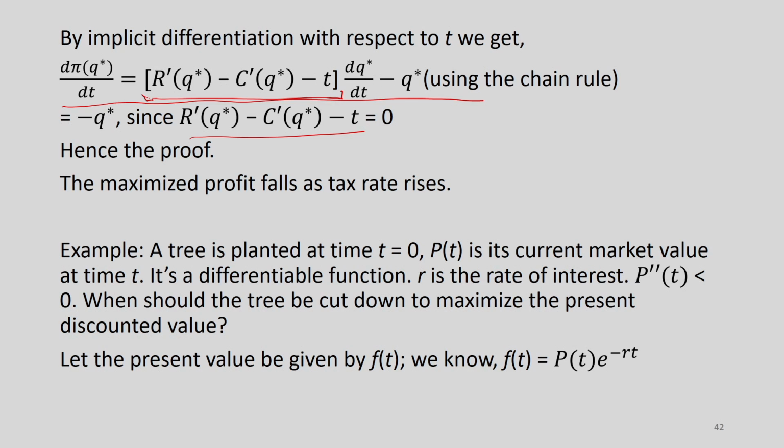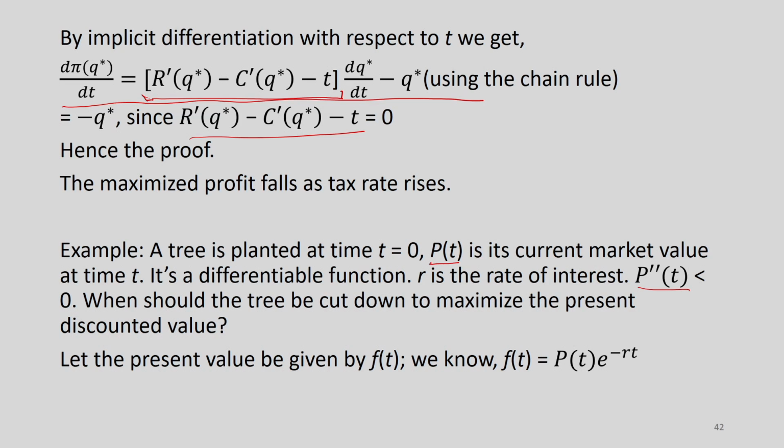It is a differentiable function. R is the rate of interest, and we are given that P double dash t is less than 0. The question is, when should the tree be cut down to maximize the present discounted value?